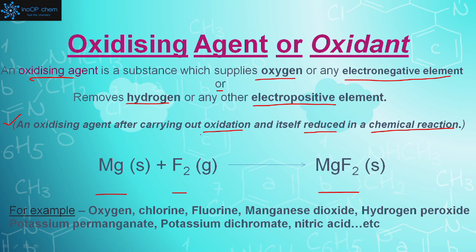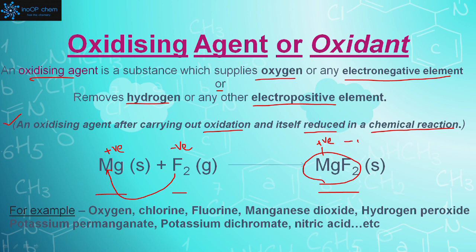Now recall the definition of oxidation, which is addition of electronegative element. So here fluorine is an electronegative element and magnesium is an electropositive element. So when fluorine combines with magnesium, it is called oxidation. Now it formed the product, in which Mg is electropositive, and the addition of electropositive element is called reduction.